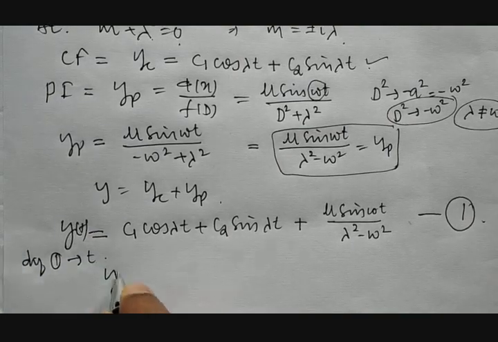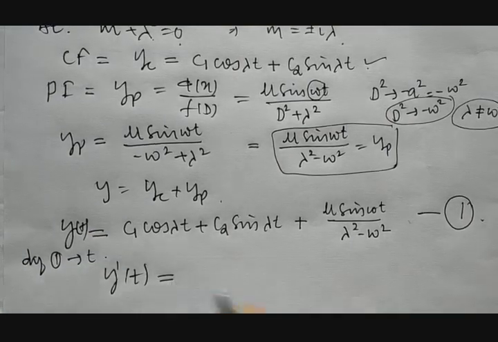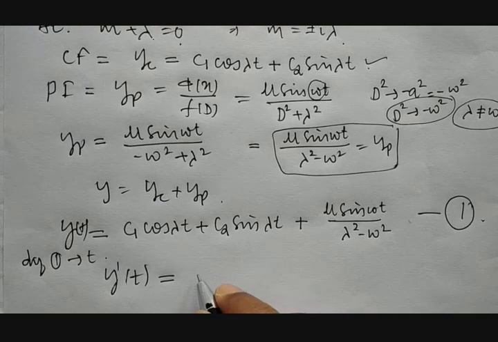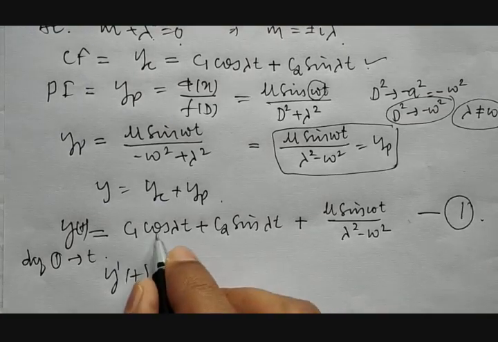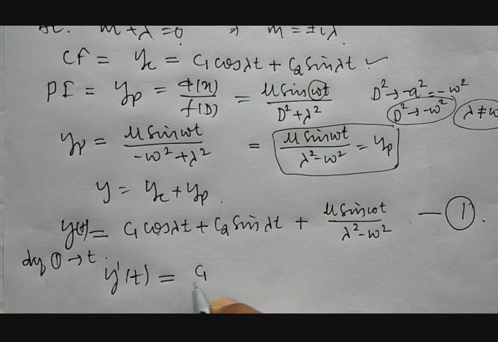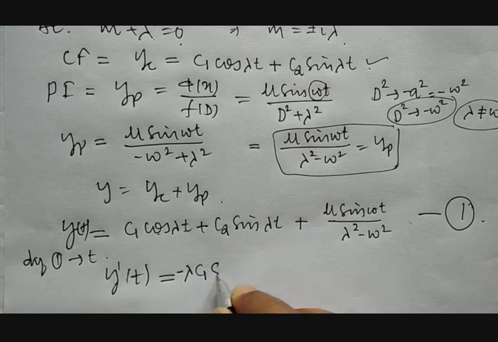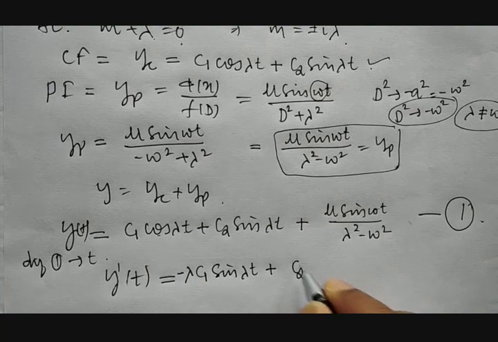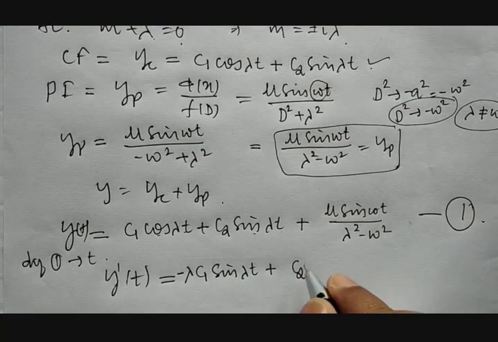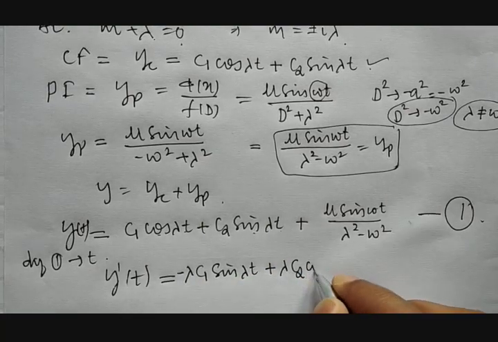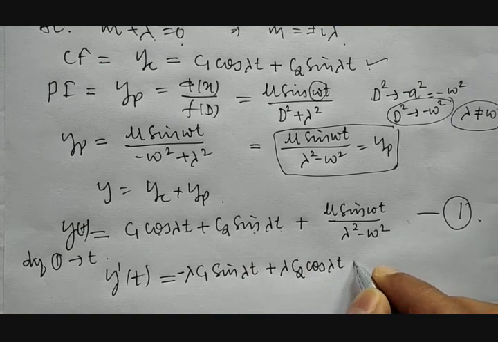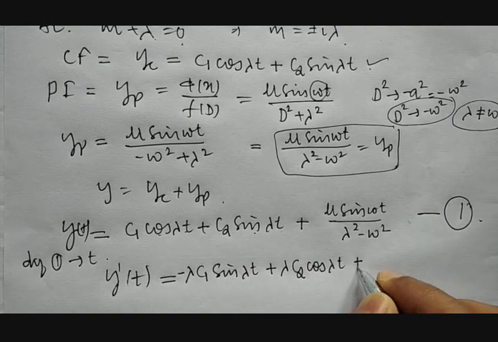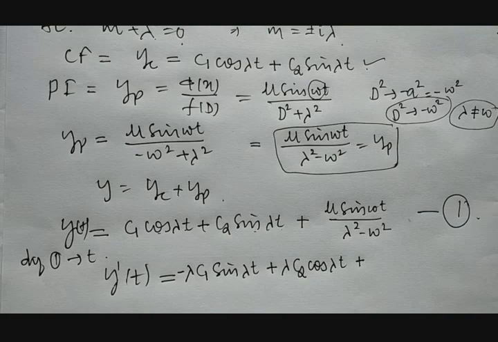Then we get y dash of t is equal to, differentiation of this. Take c1 common. Differentiation of cos lambda t will be minus lambda into sine lambda t, plus take c2 constant. Differentiation of sine lambda t will be lambda into cos lambda t, plus the differentiation of this.